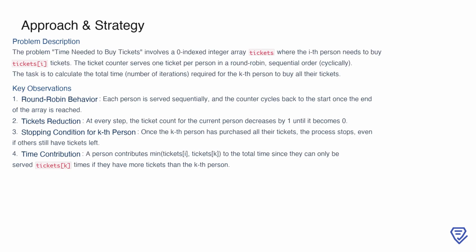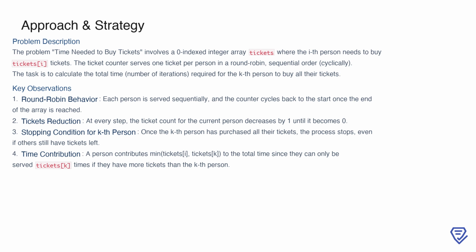The problem we're solving involves a ticket counter where people are served in a round-robin manner. Each person in the queue has a specific number of tickets they want to buy, as given in the tickets array. The challenge is to determine how much time it will take for the kth person in the queue to purchase all their tickets. A few key observations simplify this process. First, the round-robin behavior means the counter serves one ticket per person, cycling back to the start of the array after reaching the end.